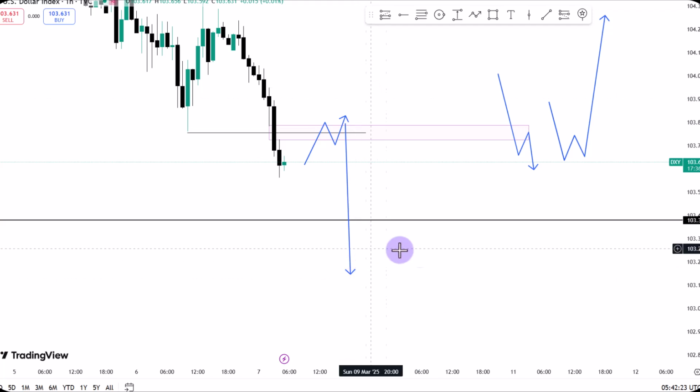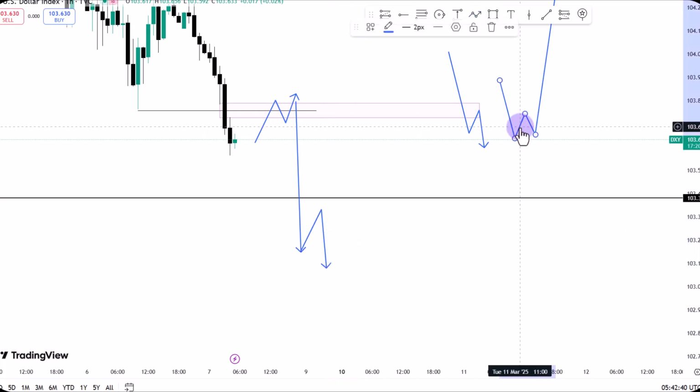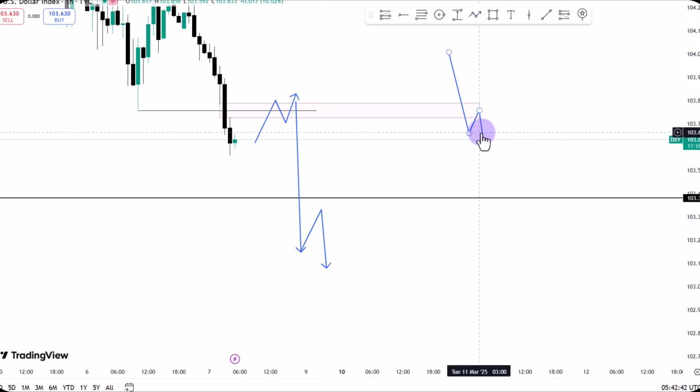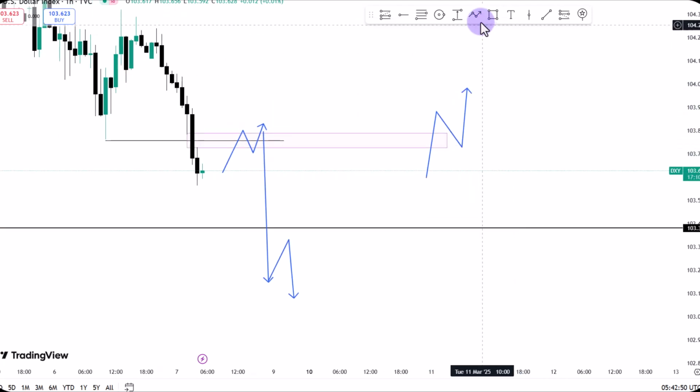Now, if we get to this level before the NFP, okay, you have to look for this smart money divergence just before the NFP, sometimes even 5 minutes to the news release. Price gets into that monthly drawn liquidity before NFP and creates something like this, lower low on the dollar. Then we see the euro dollar or the cable creating a cracking correlation, because on a normal day they're supposed to create higher high as the dollar is creating the lower low.